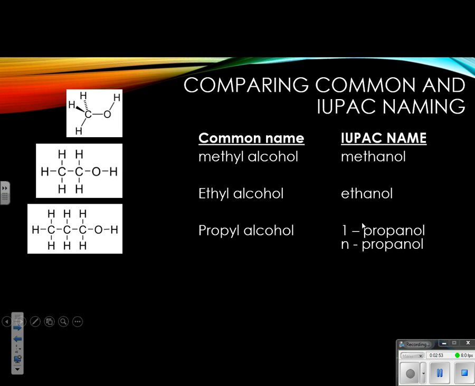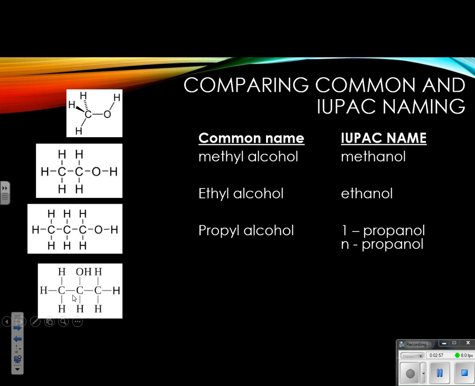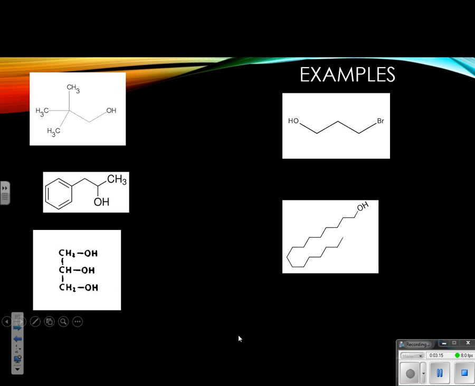Propyl alcohol and 1-propanol or N-propanol. And then this one, the OH is coming off the second carbon, so we would call it in the IUPAC 2-propanol, right? But you know it as isopropyl alcohol. So there's some that you need to recognize both the common names and the IUPAC names.